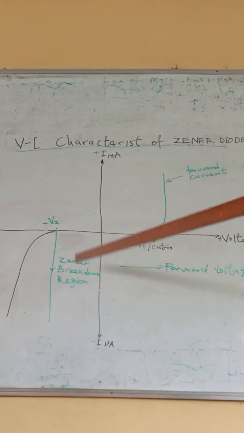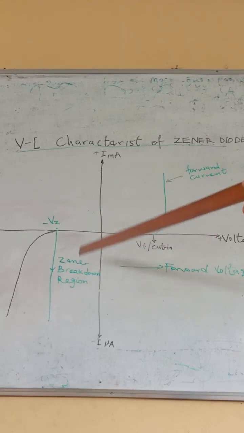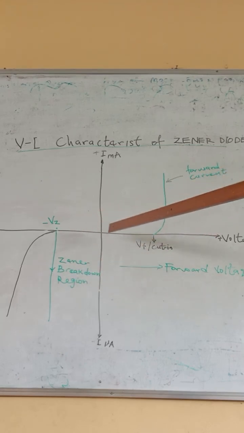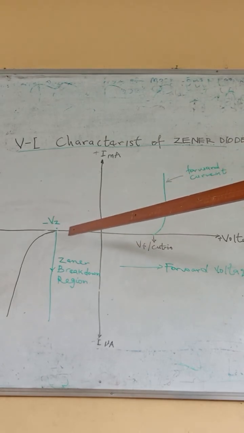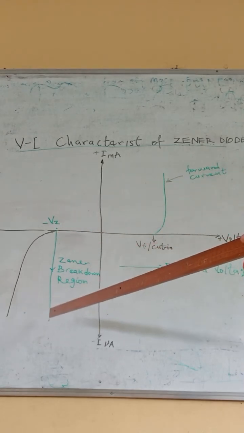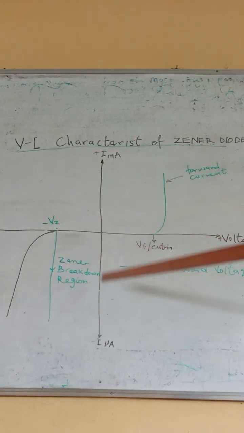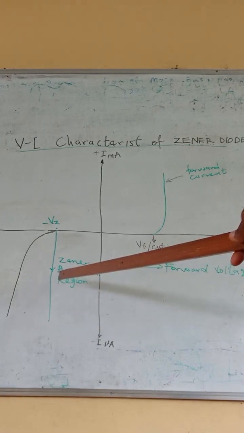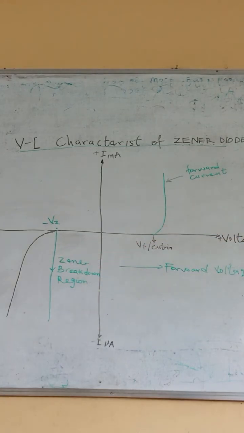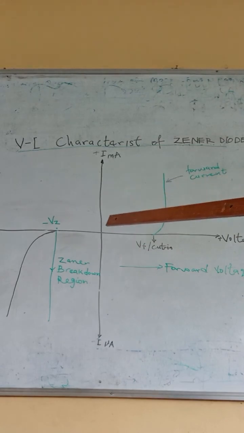Even if you continue increasing the voltage, at a particular point the voltage will not increase again. It will remain constant. Current will continue increasing, but the voltage stays constant, so a higher voltage will not come out at the output of the circuit.